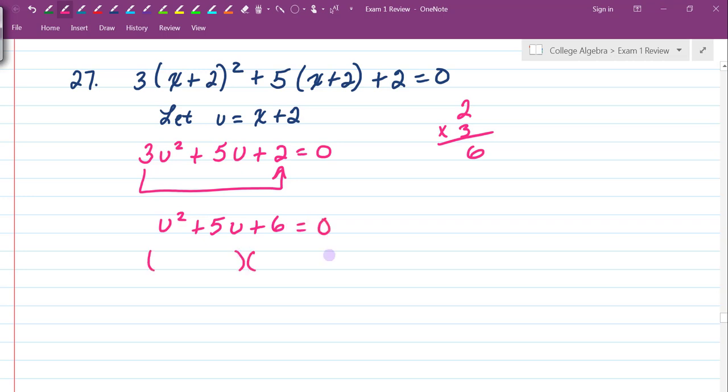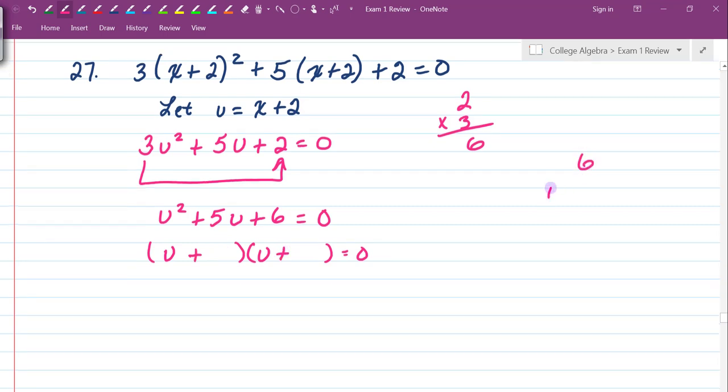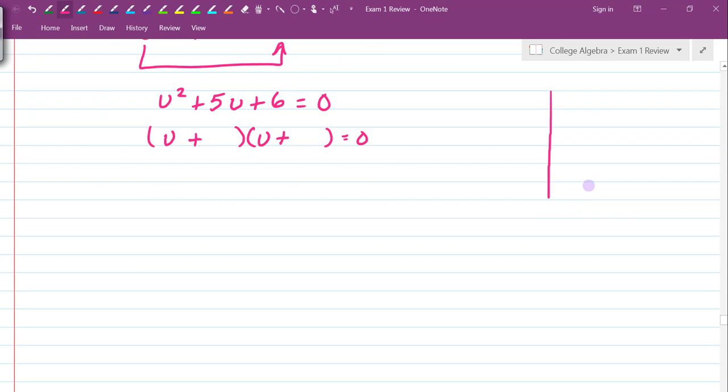Set out our parentheses, put my u here and my u here. I have a positive and a positive, so it's going to be positive and positive. And my factors of 6 are going to be 1. Whoa, that was not so good. Let's see about hitting an undo on that. There we go.